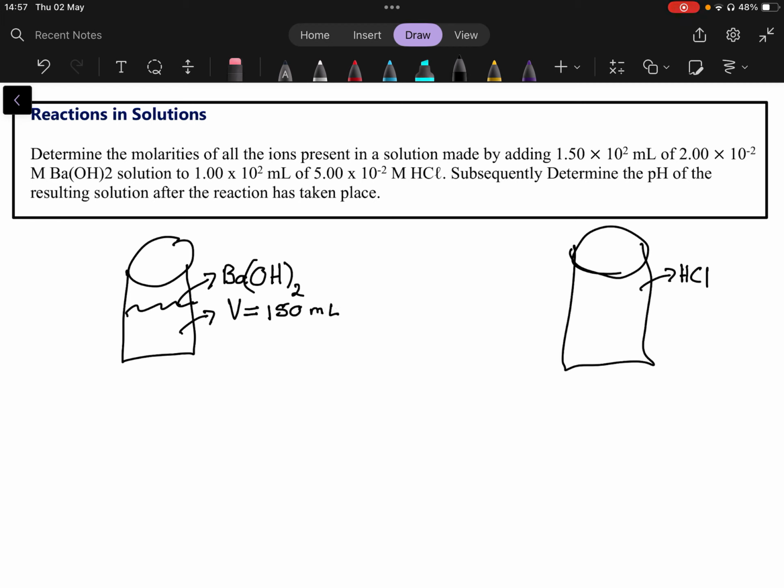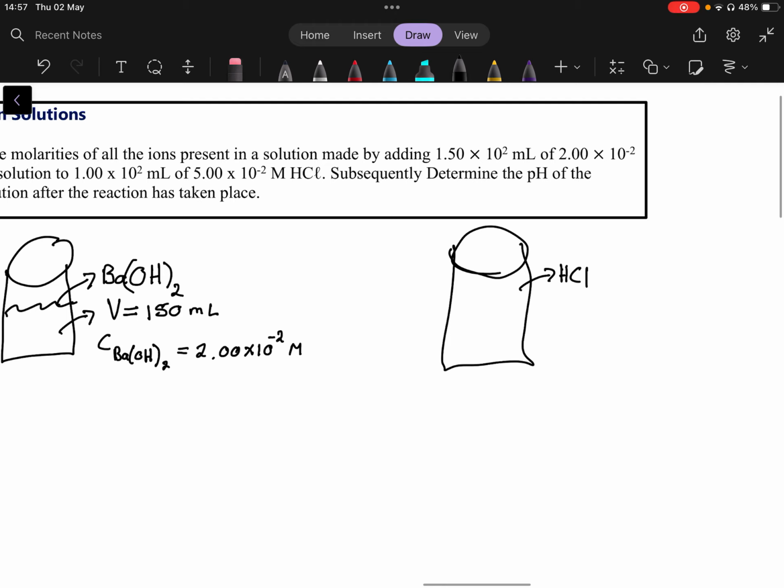And for this one, we're also given the concentration of the barium hydroxide as 2.00 times 10 to the negative 2 molar.